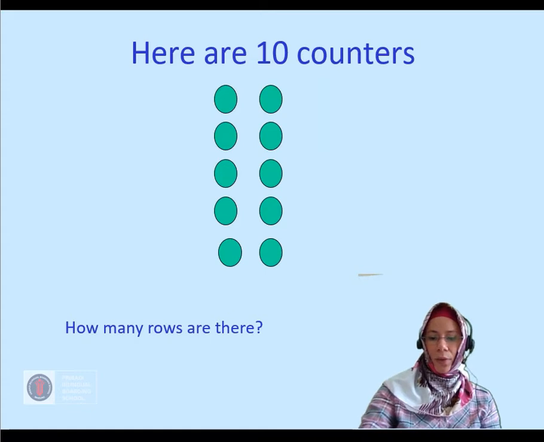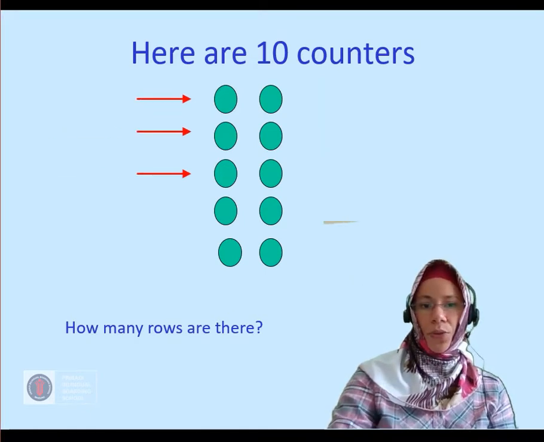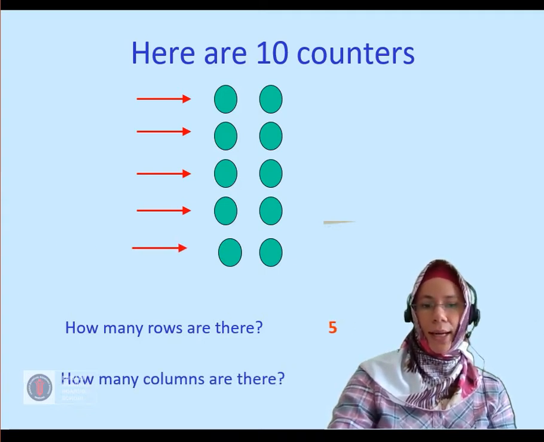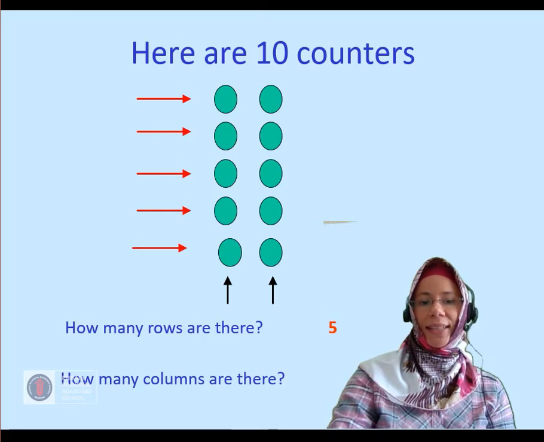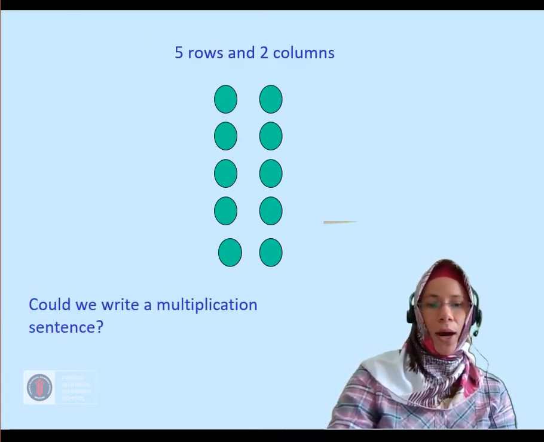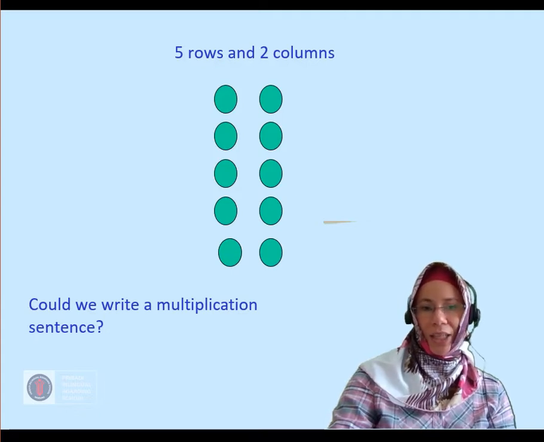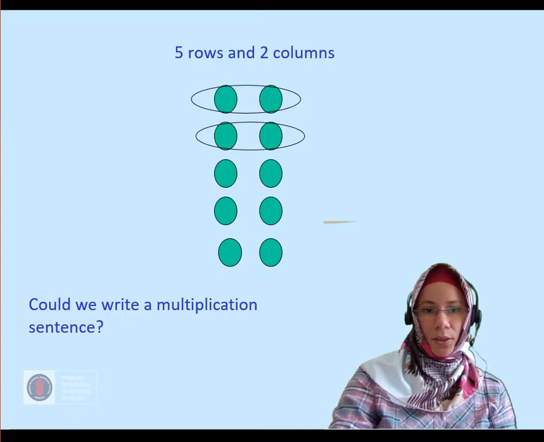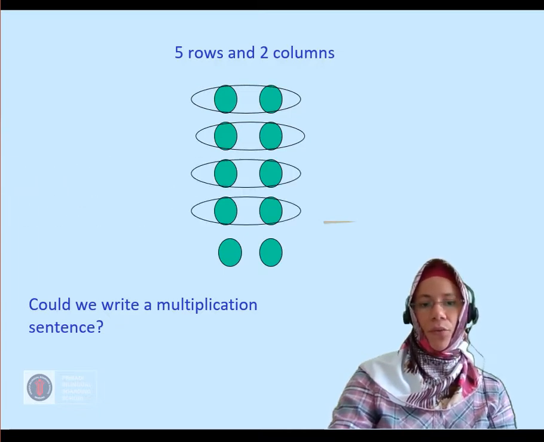Okay, now you can see like this. 1, 2, 3, 4, 5 rows. How many columns are there? 1, 2. Only 2. So now how can we write a multiplication sentence? Let's do it with the rows. 1, 2, 3, 4, 5.